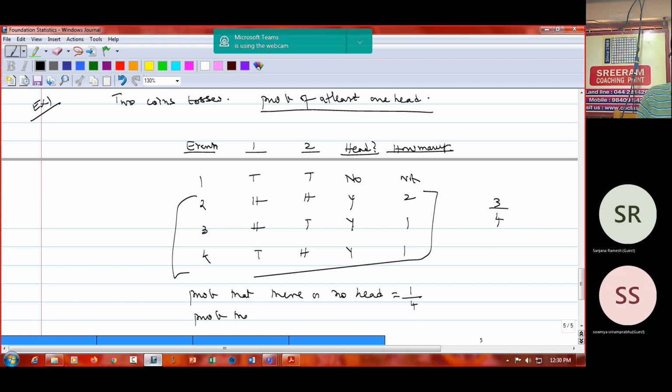The probability that there is at least one head, which includes 2 heads also, is 3 by 4. Like this, we can directly write the sample space.